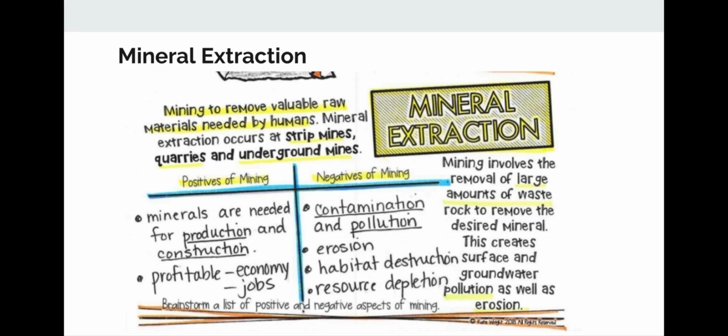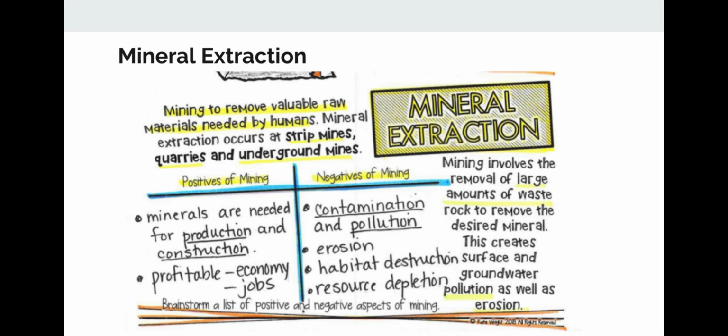And what this actually ends up happening is it creates surface and groundwater pollution and erosion. So you can see the positives of mining: minerals are needed for production and construction, and it's profitable. It gives us jobs. It gives us economy. But there are also some pretty big negatives, right?